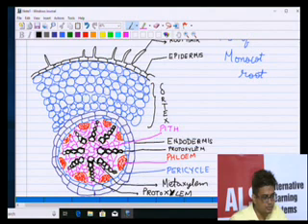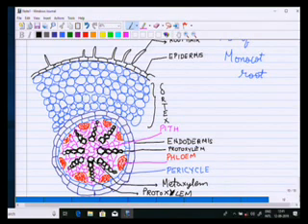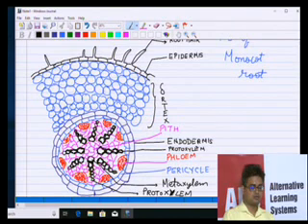Protoxylem, metaxylem like this. That's all I have to do. Pericycle remains the same.